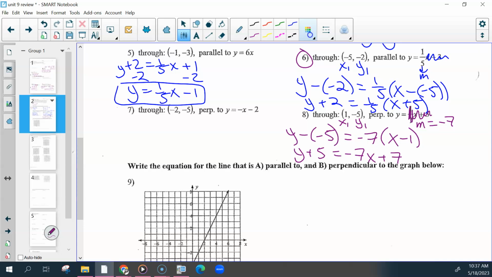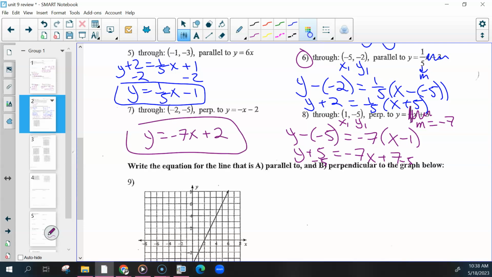And then get y by itself by subtracting by 5. So y equals -7x plus 2 would be the answer to that problem.